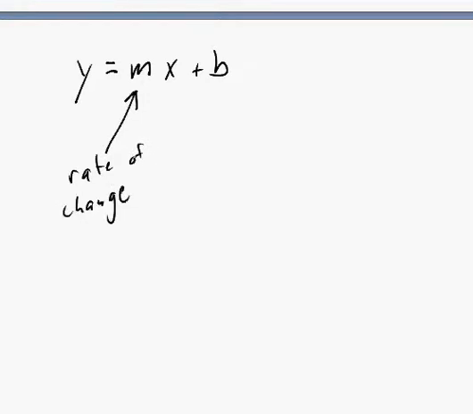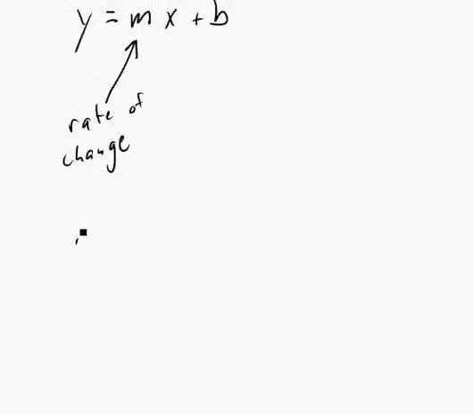The rate of change tells us on the graph how much you go up and how much you go over, the change in the y over the change in the x. The significance of this constant, which I've called b, is that this is the y-intercept. This number tells us where the graph of the equation will cross the y-axis.